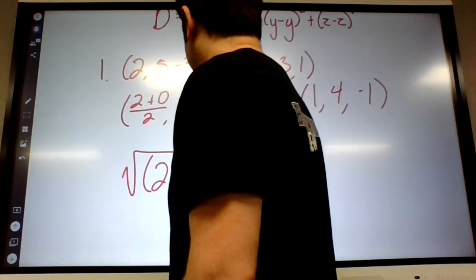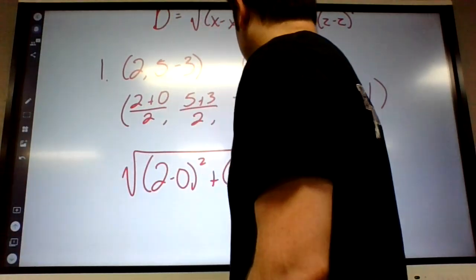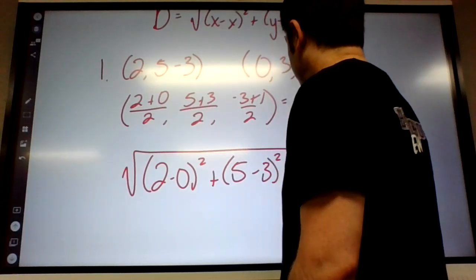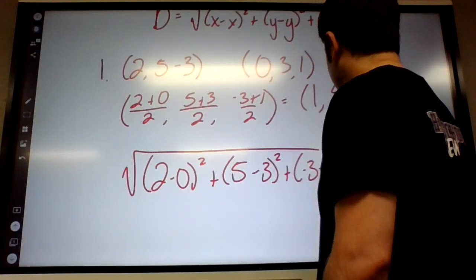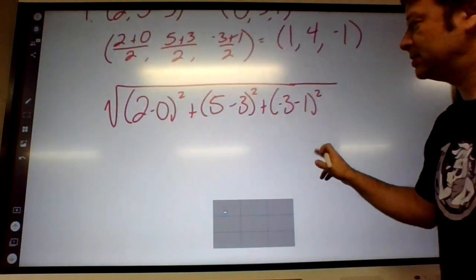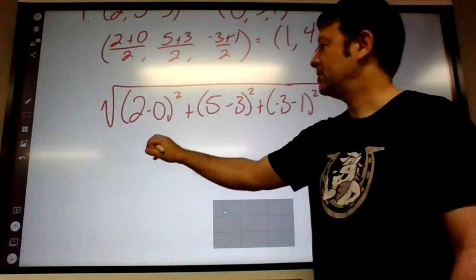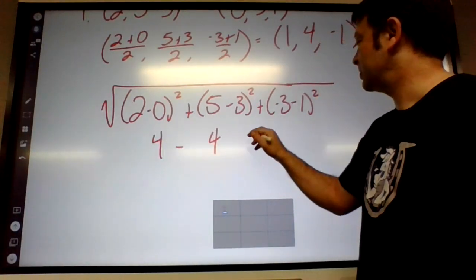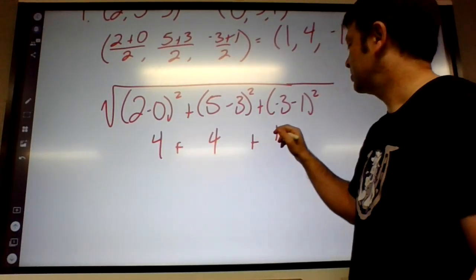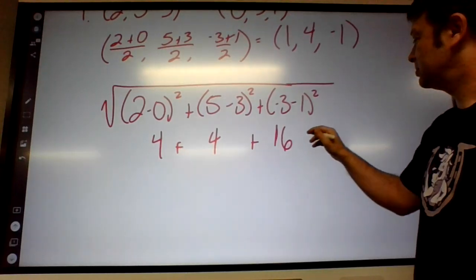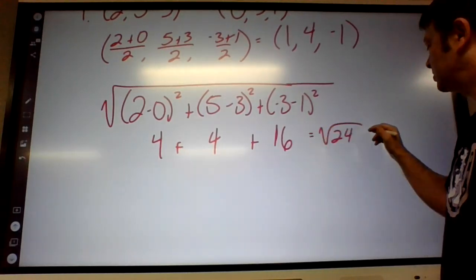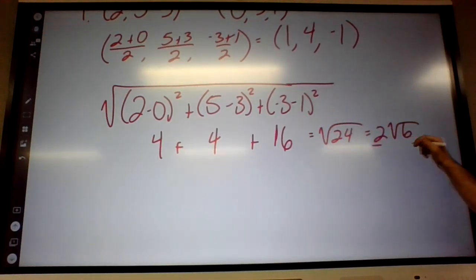So this time it's x minus x squared plus y minus y squared plus z minus z squared. That one calculator might help there. It's just 2 squared and 2 squared and 4 squared. Yeah, not that hard.